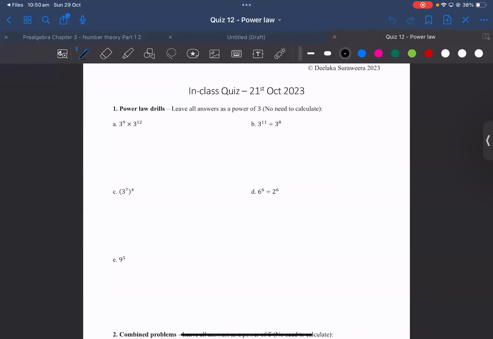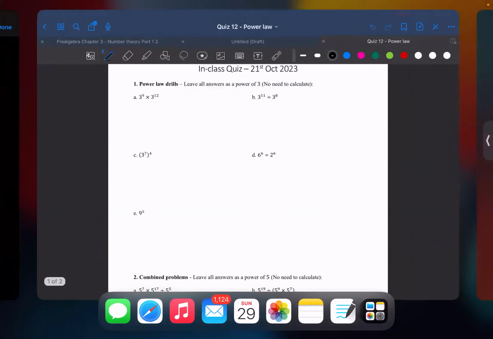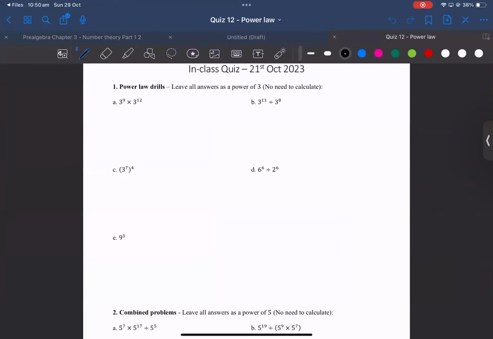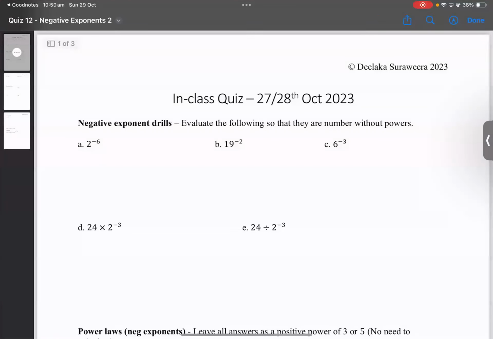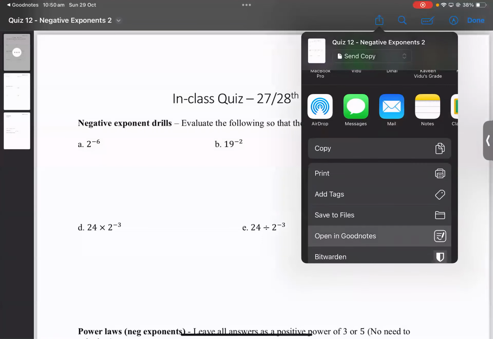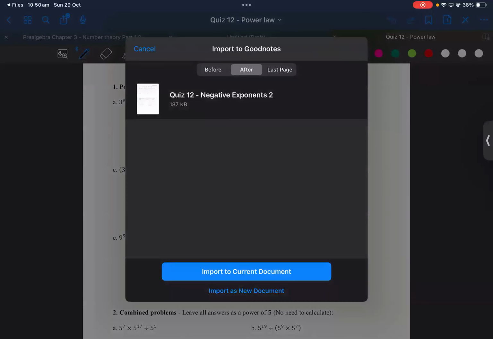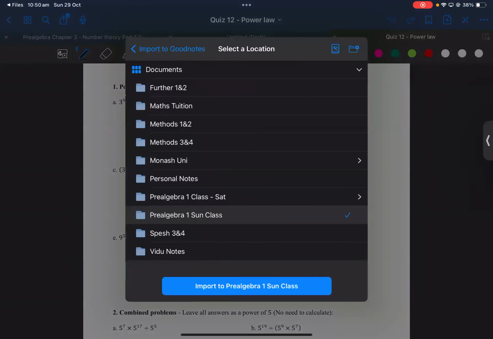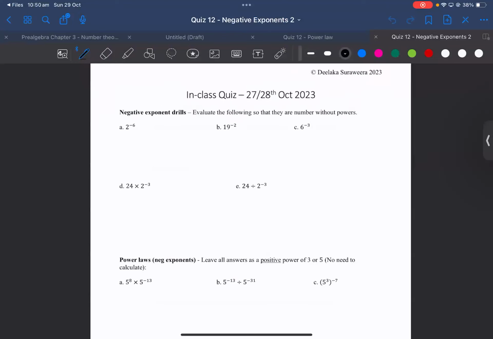This would be last week's quiz. The one I have up is the wrong one. Oh, never mind. Sorry, I've got the wrong one. This one's the correct one.